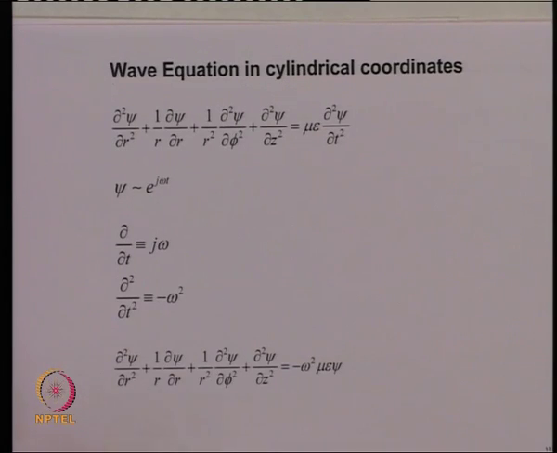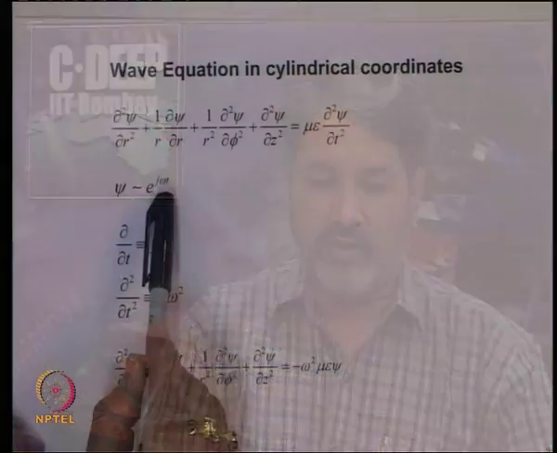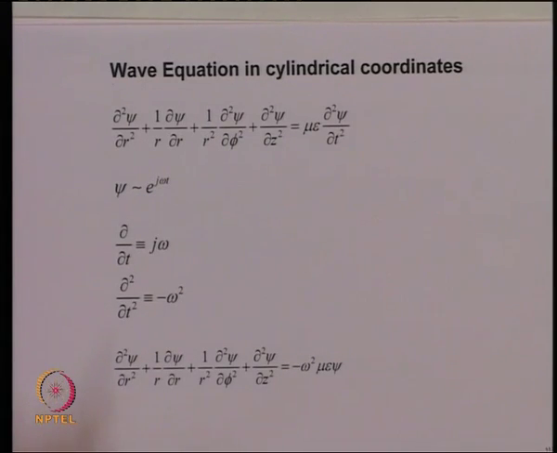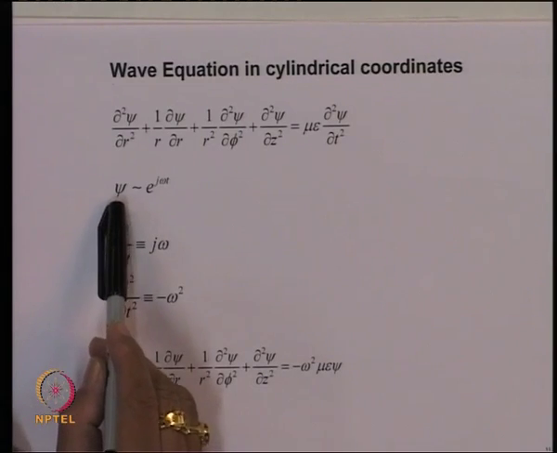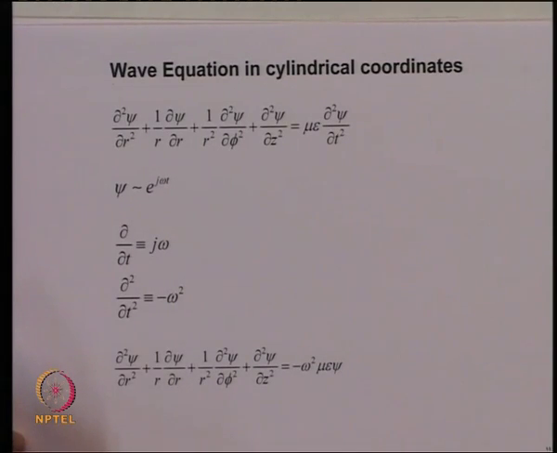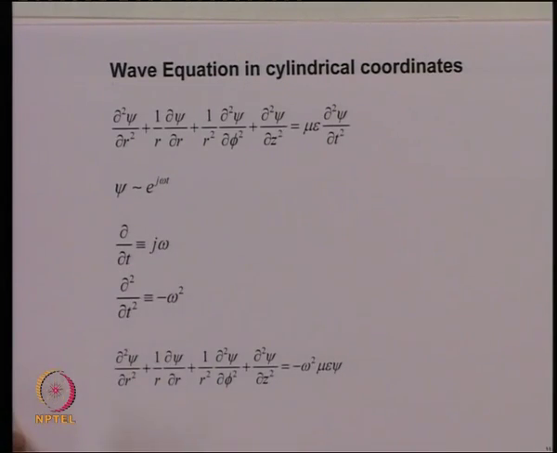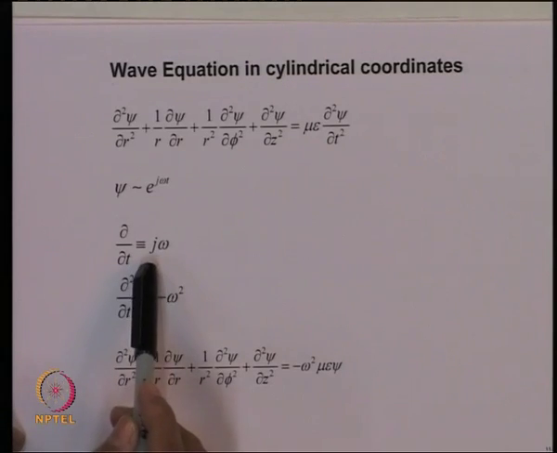Now, if we assume that all the fields are time harmonic fields with angular frequency omega, then this quantity psi has a variation e to the power j omega t. If I take a derivative of psi with respect to time, that is equivalent to multiplying the quantity by j omega. If I take a second derivative, that will be multiplying by one more j omega.